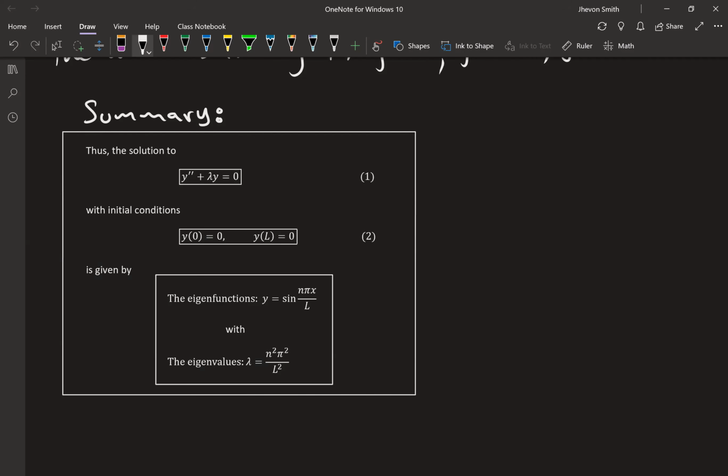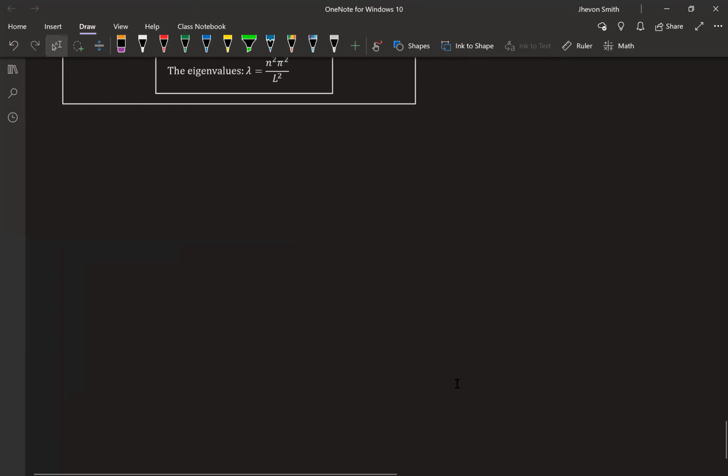The solution to this equation with initial conditions is given by that. The eigenfunctions, ignoring the arbitrary constant of integration, are going to be sine of n pi x over L. And the eigenvalues are given by lambda equals n squared pi squared over L squared. All right, cool.